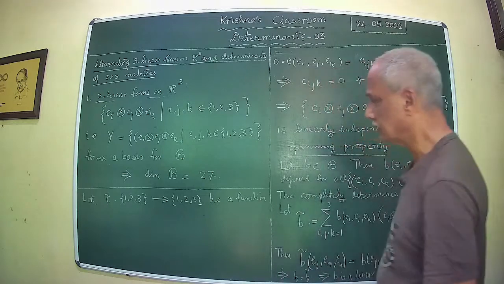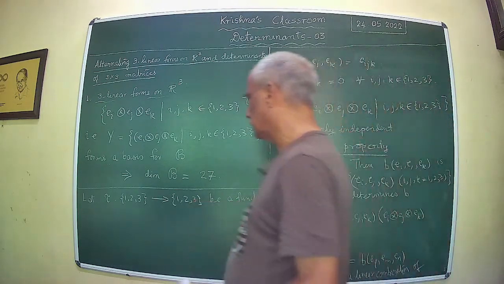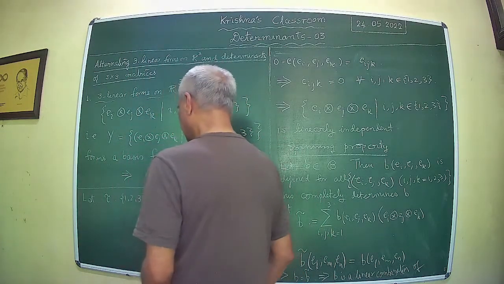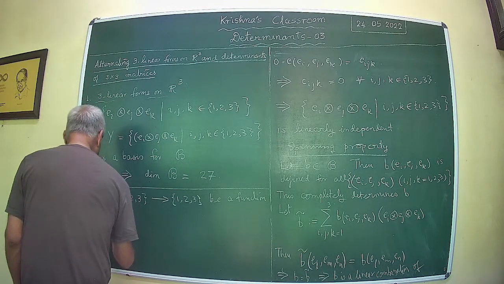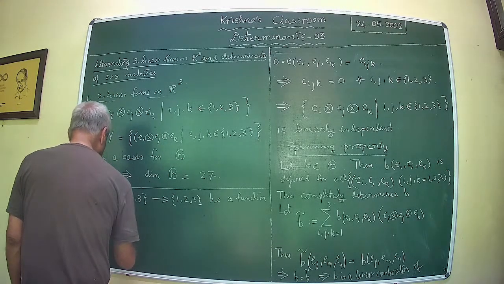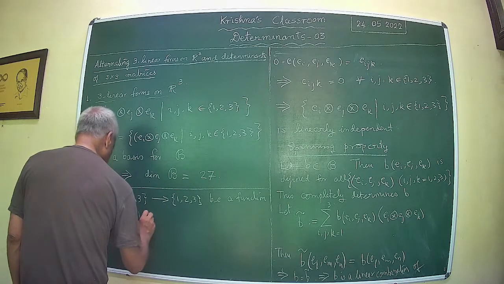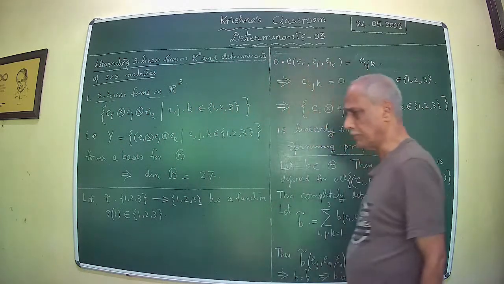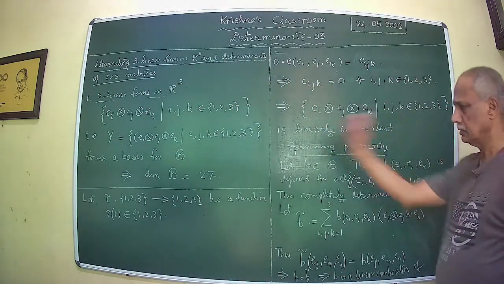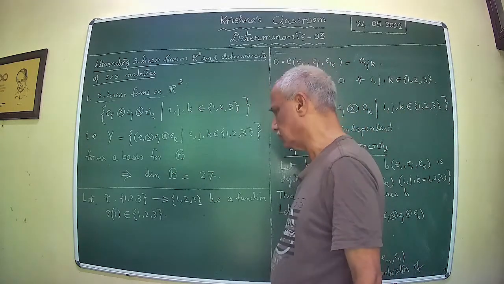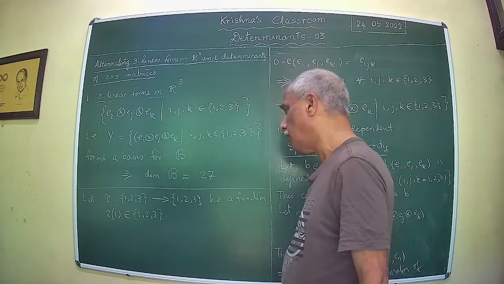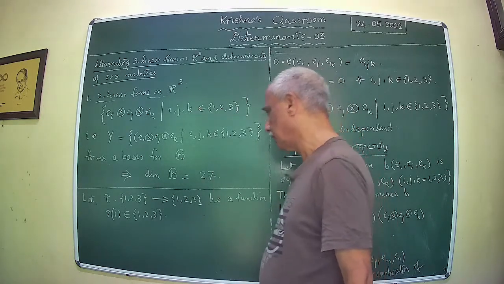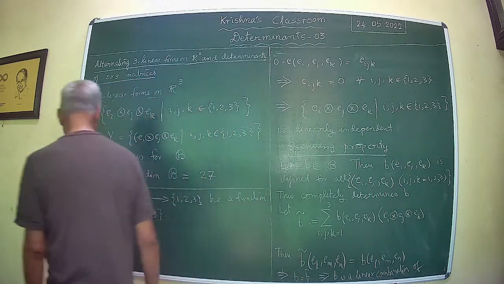That means tau 1 is one of the 3, tau 2 is one of the 3, tau 3 is one of the 3. There is no restriction, it is a function. That means for each I there is a unique element from 1 to 3 associated with it. That is the only thing. So we are considering all functions defined on the set 1, 2, 3. Okay, right? There are 27 elements.